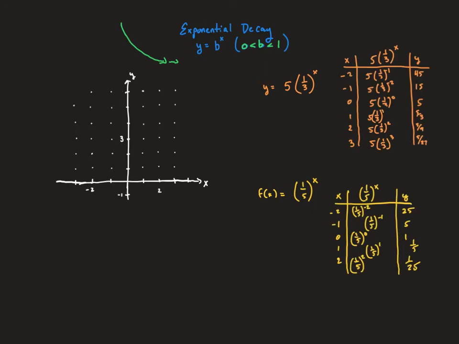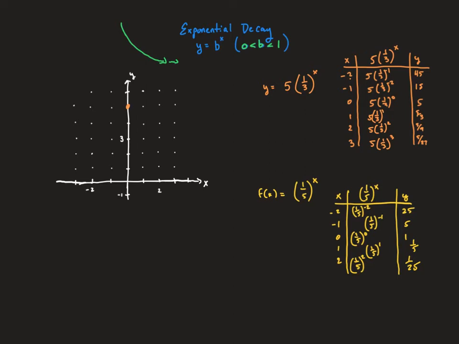Okay, so as I plugged in some values here, I just went from -2 to 3, and of course I input the x value in for my variable and came out with some y value. So we can see that 45 is a pretty high value for y. Then we get down to 15, and then when x is 0, we're at 5.